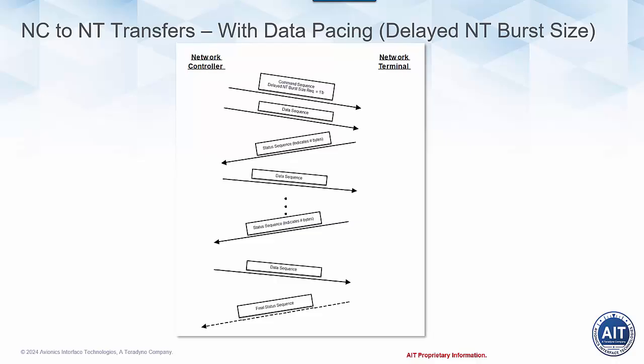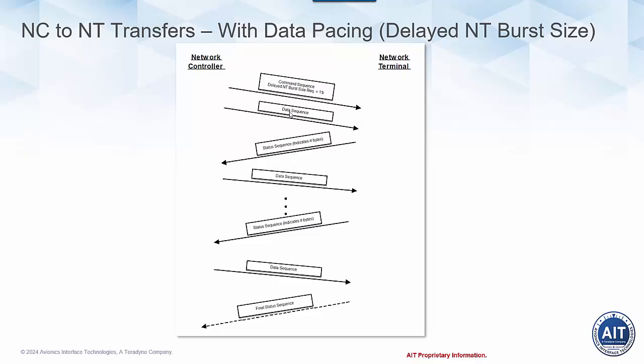This initial data sequence is sent because the network controller knows an initial maximum amount of data that the NT can receive based on the login that the network controller port did to the network terminal port during that port login process that I mentioned we would talk about in a later webinar.